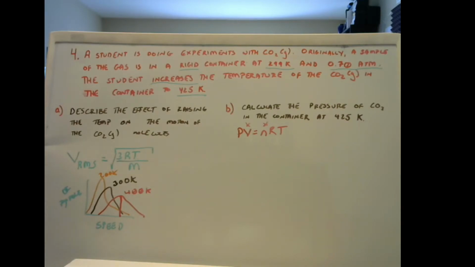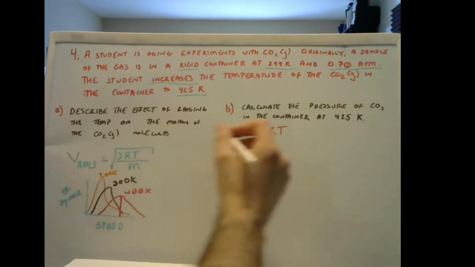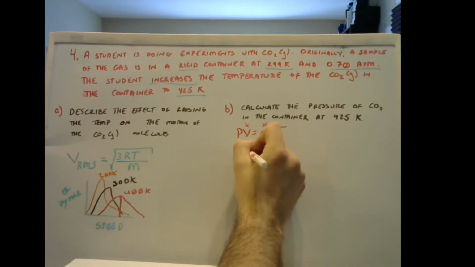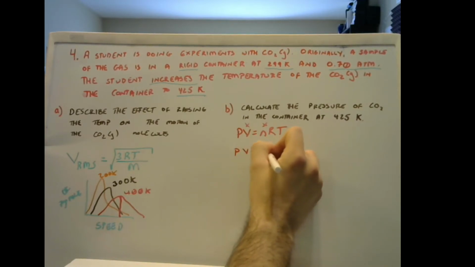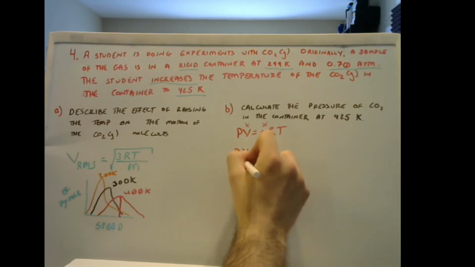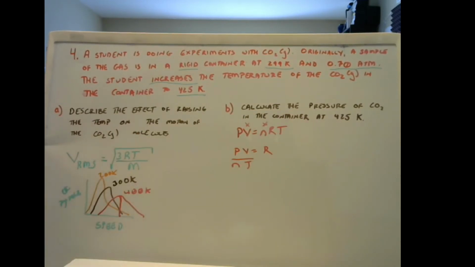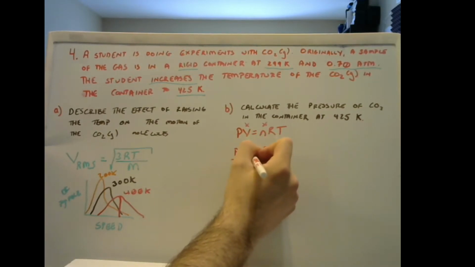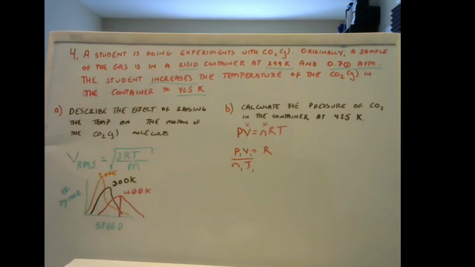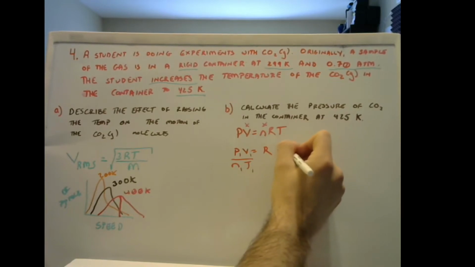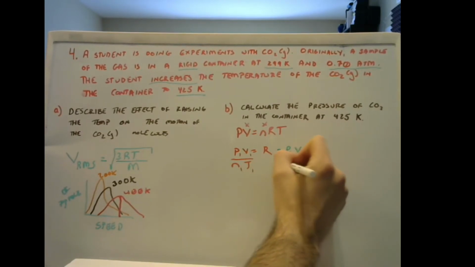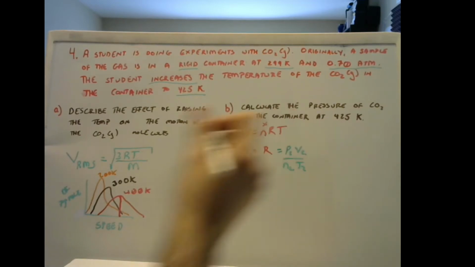So if I rearrange my ideal gas law really quick, I get PV over NT equals R. I just divided the N and the T to the other side. This always equals R. So on the other side, what I could do is do the same thing, P2, V2, over N2, T2.